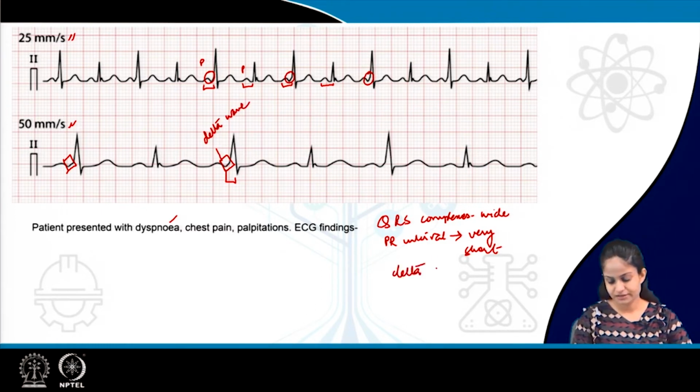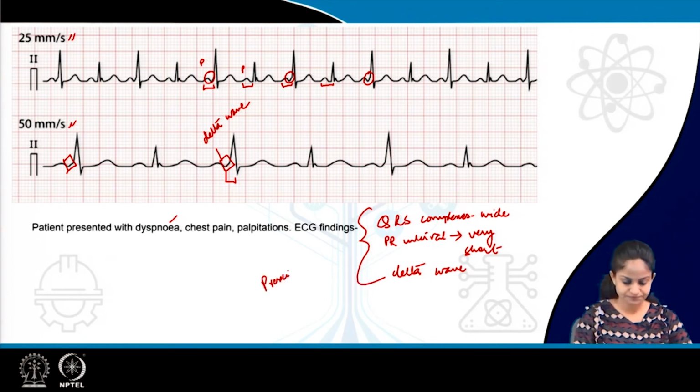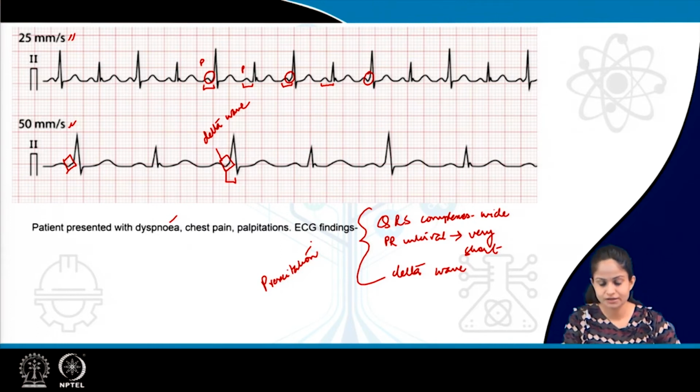Delta wave is present. So, this is nothing but the pre-excitation reentrant phenomenon or AVRT, that is atrioventricular reentrant tachycardia. Very specifically, you can say it is Wolff-Parkinson-White syndrome that we get.